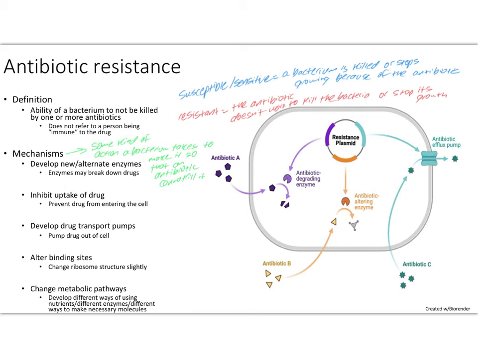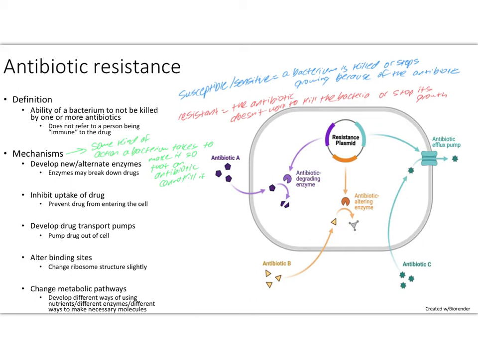But if it acquires this plasmid through something like conjugation or transformation or some other kind of event, then it all of a sudden has genes that allow it to resist antibiotics. And one of these genes shown here allows this bacterium to make an enzyme that will degrade the antibiotic. So the antibiotic comes into the cell and the bacterium creates this enzyme to break apart that antibiotic so the antibiotic cannot do its job anymore.